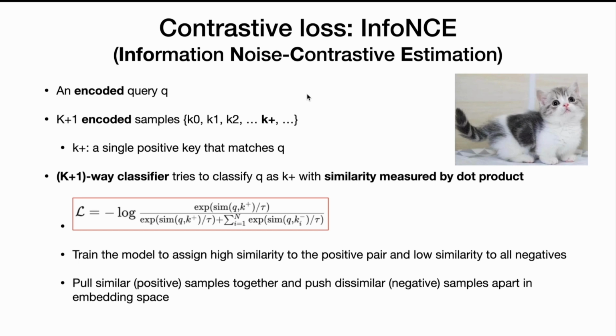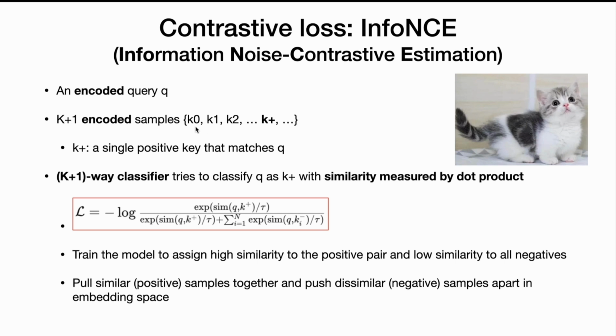If we look at the contrastive loss used in MoCo, it's InfoNCE, information noise contrastive estimation. In order to calculate this InfoNCE loss, we need an encoded query and k+1 encoded samples. As we mentioned, this set of keys is normally very large.